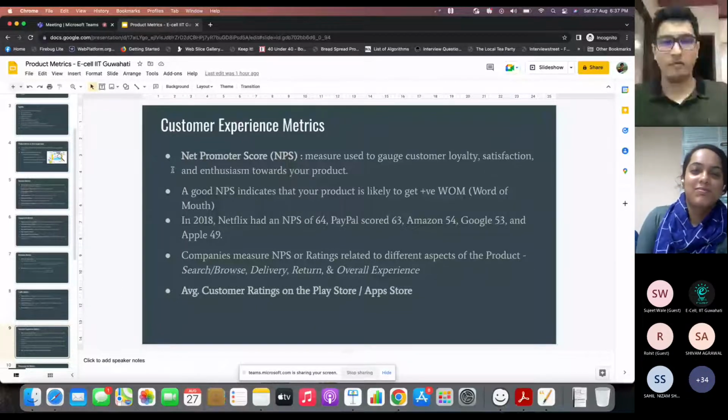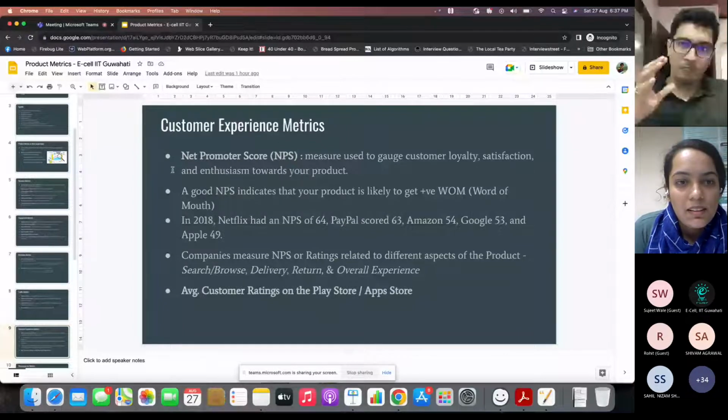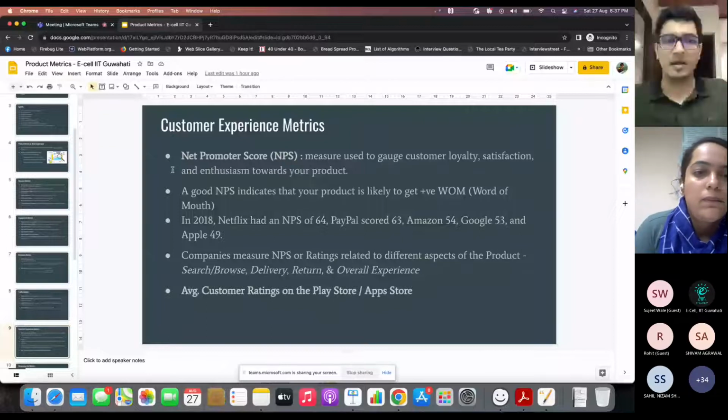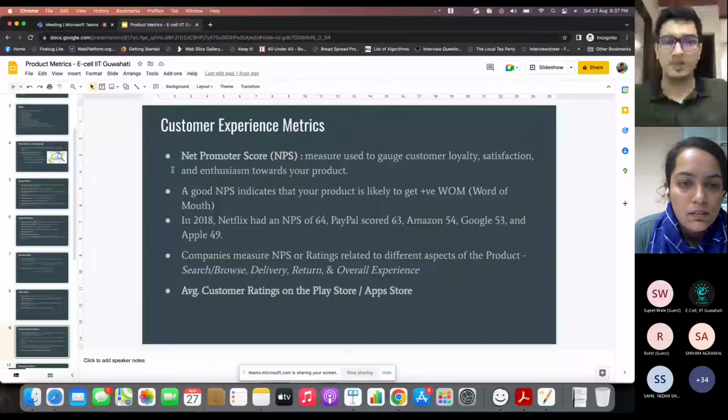And what is net promoter score? It is basically percentage of promoters minus percentage of detractors. So what are promoters? Promoters are people who gave a score of 8 to 10. They will strongly advocate your product amongst their peers, friends, family.